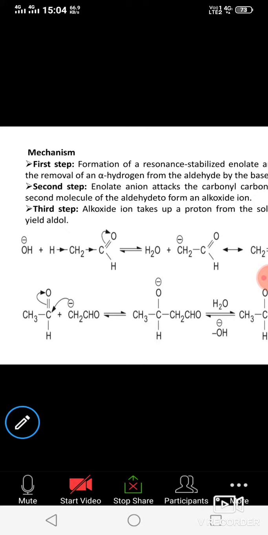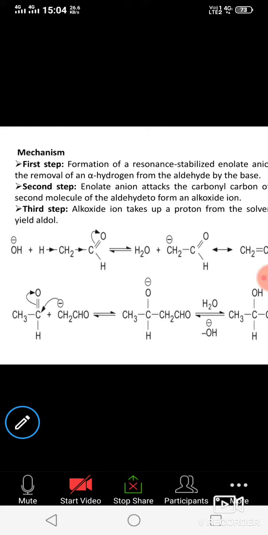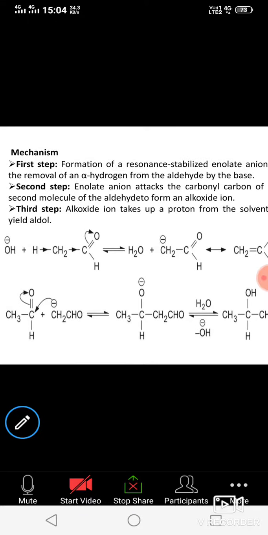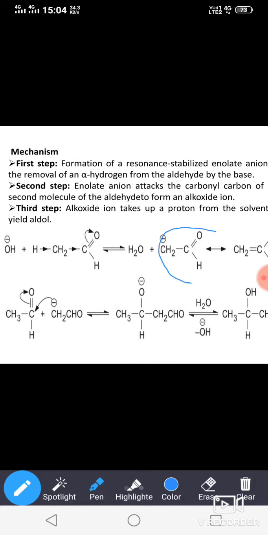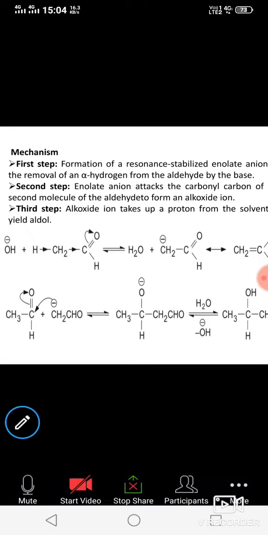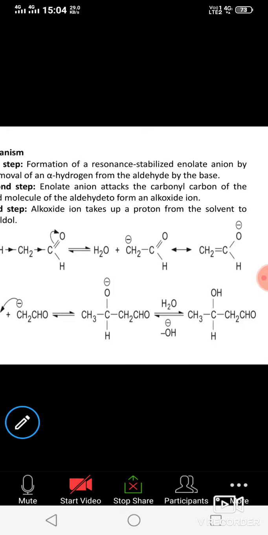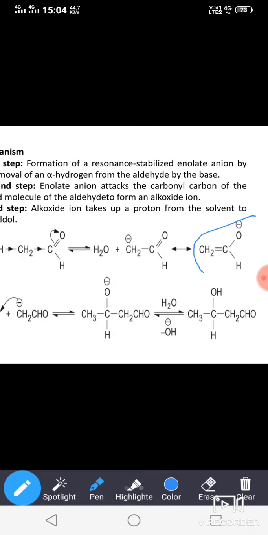In the first step you add the base catalyst, that is OH minus. This OH minus will abstract the alpha proton from the acetaldehyde and you get this carbanion structure. You can see that this carbanion structure is a resonating form of the enolate ion.